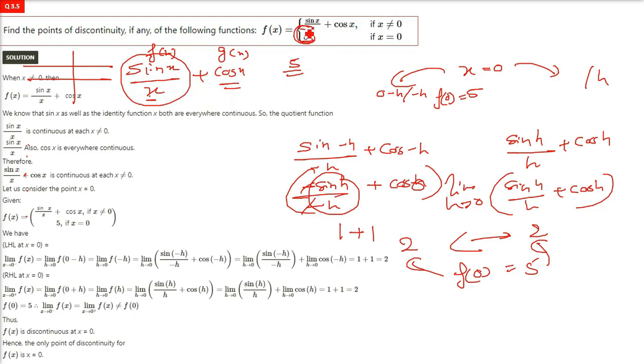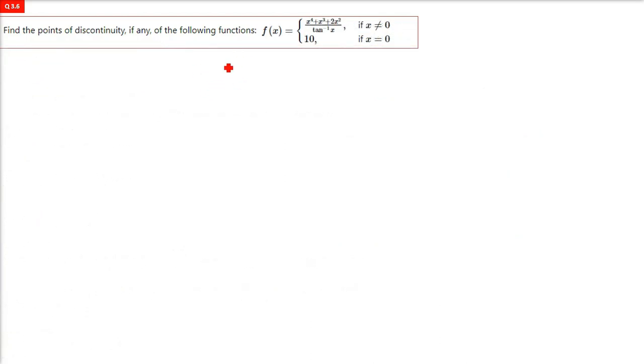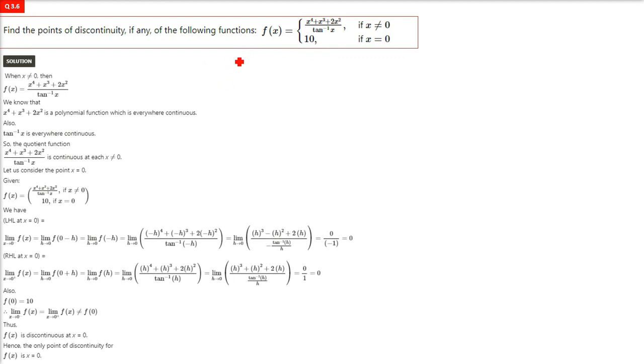So when we combine, separately the functions can be continuous by themselves, but when we combine them, then we need to see how they turn out to be. Again, the points of discontinuity for this function f(x): there is a proper function given when x is not equal to 0, and since tan inverse x is there, tan x is continuous not everywhere but on a domain.